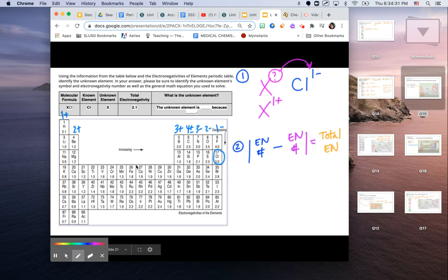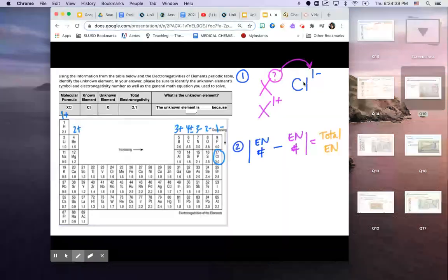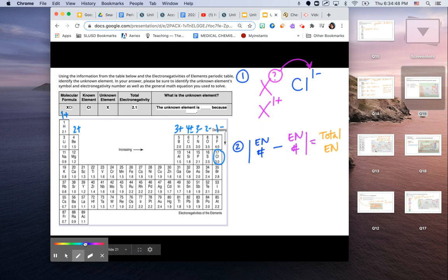So now I know it's one of these, but I don't know which one it is. But I know the electronegativity number of Cl, and I can use that along with the total electronegativity to figure out what X will be. So let's look up the electronegativity number of Cl, or chlorine, which is 3.0.